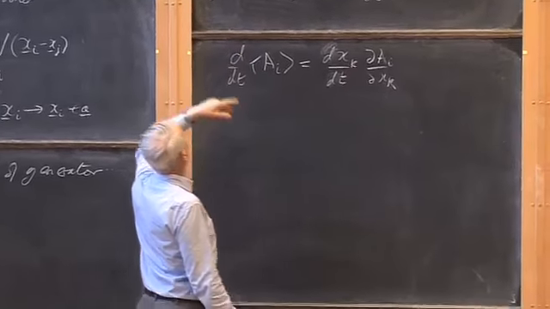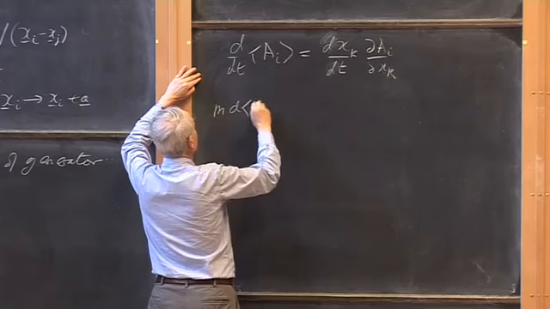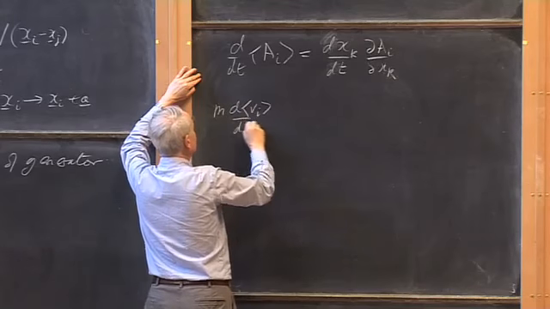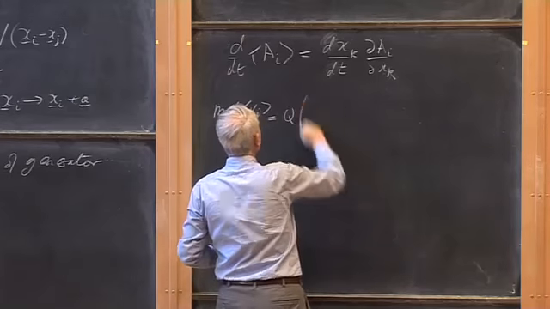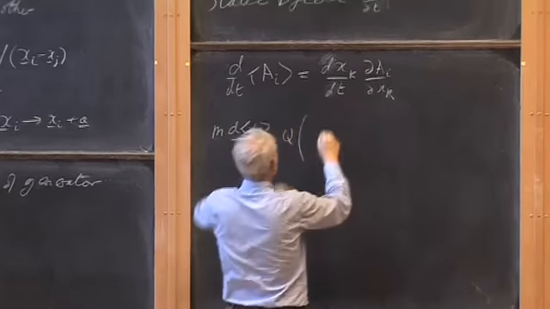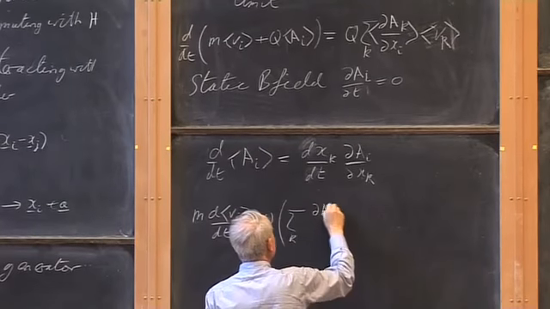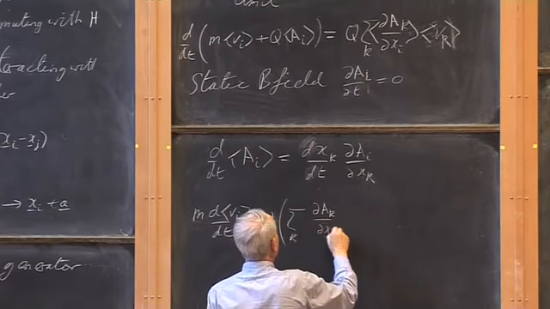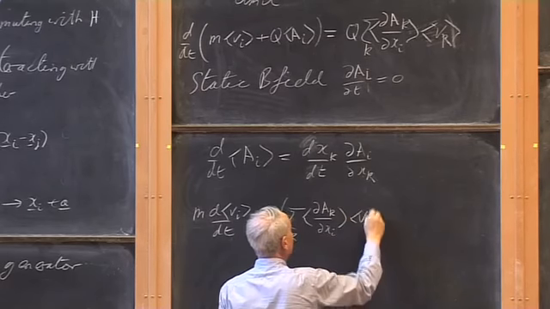So what we now have is that m dv_i/dt, mass times acceleration, is equal to q. There's going to be a factor q on the right. I write down the terms I've already got, sum over k ∂A_k/∂x_i v_k.